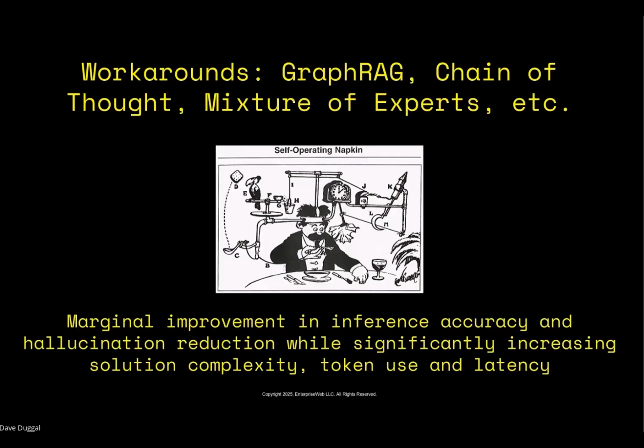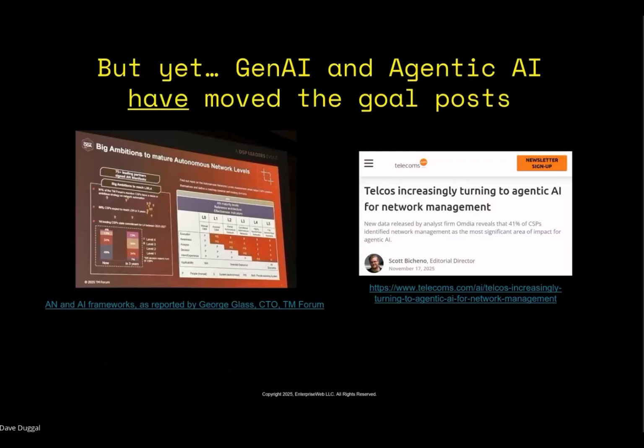While Gen AI and Agentic AI are supposed to be magical, you look at all the flimsy scaffolding that's being thrown up around them, and the cost of deploying and maintaining it. It's not as easy as they had suggested, and it's not as good as they suggest either. But yet Gen AI and Agentic AI have moved the goalposts even in the telco industry.